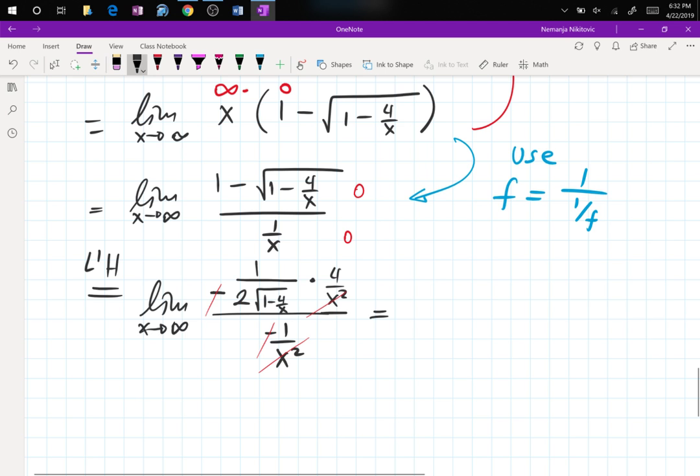So this whole thing becomes the limit as x goes to infinity, and what's left? 4 divided by 2 cancels. So the whole thing is 2 divided by the square root of 1 minus 4 over x, which is 2. Hey, infinity minus infinity is 2 this time around. When I change functions a little bit, it will be different. So great, right? I'm so happy.